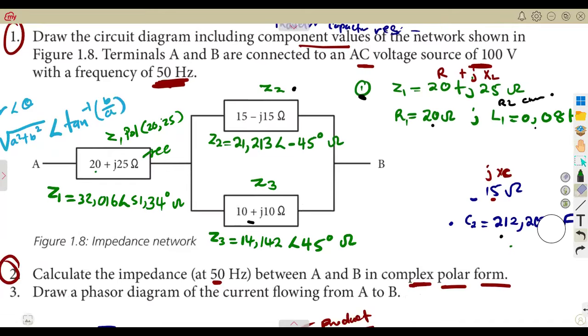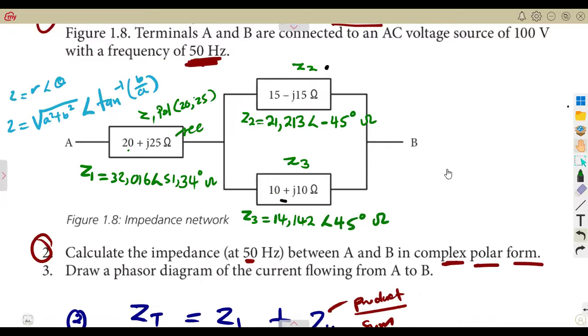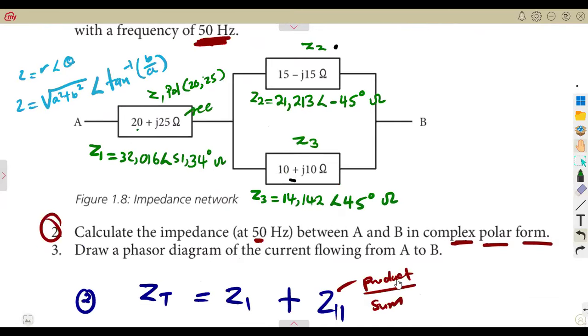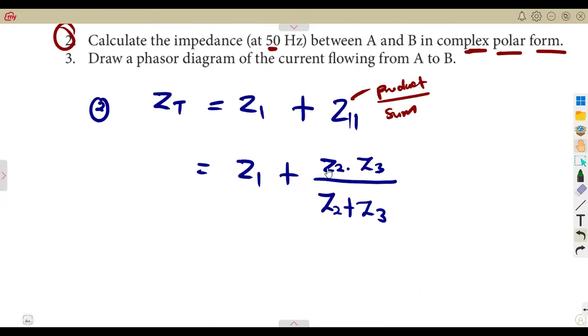Let me just remove this, it is disturbing us. We do not need this. Like I said, this is where we are. Our formula states that we need this. So our ZT is going to be Z1.